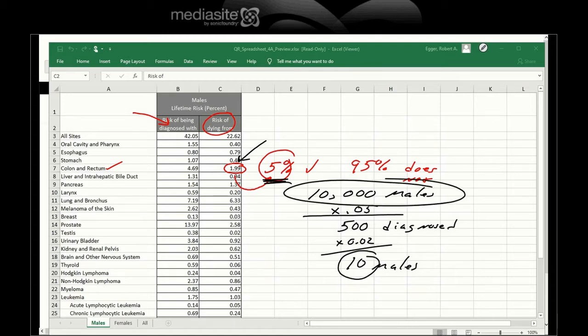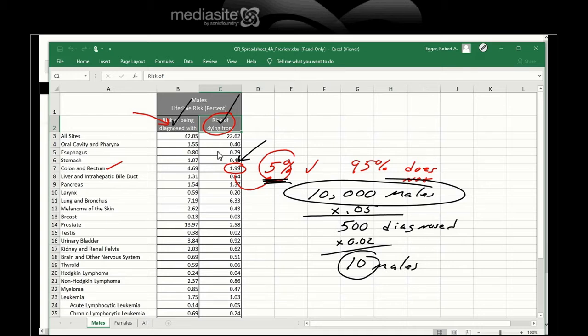So keep these numbers in that context: you have the risk of being diagnosed, the chance of getting it, and once you get it, you have a chance of dying from it. These are some pretty important differentiations that need to be made from this data.